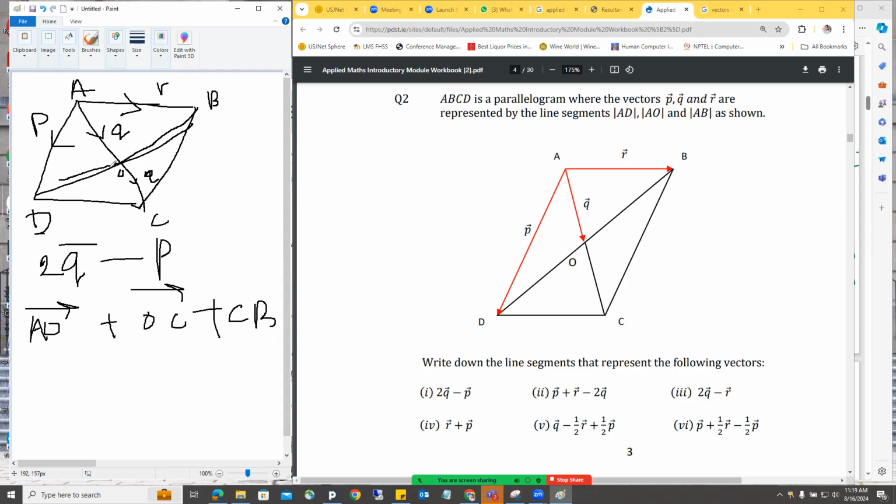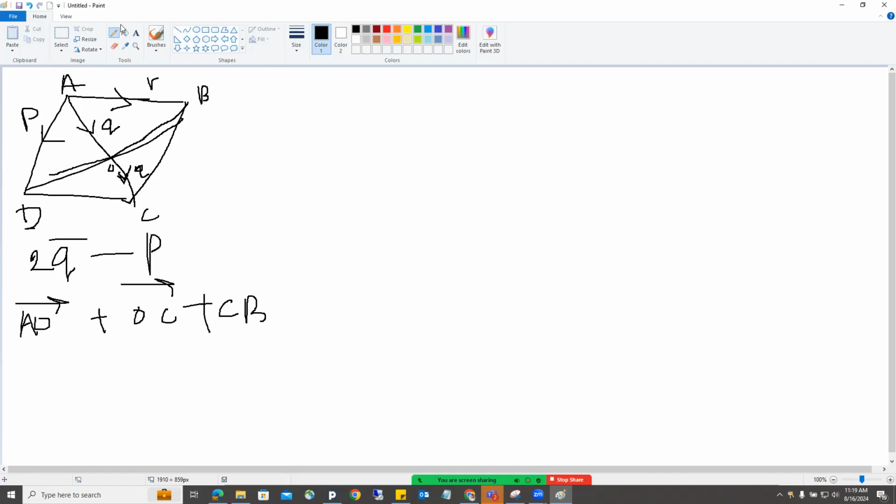So here Q, again for this side Q. For this side it's P now. Then for this side it's minus P.